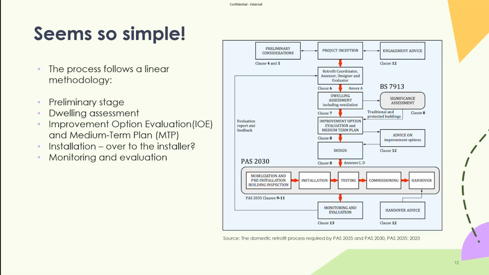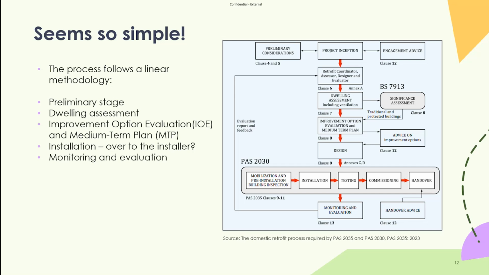So again, we're really fully understanding what the property is, what its constraints are, what the potential improvements are. That then leads to the IOE and MTP stage, where we do that modelling. We're putting together a package of works that will be the best for that property, most suitable.